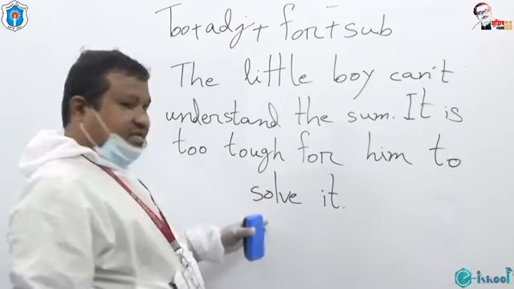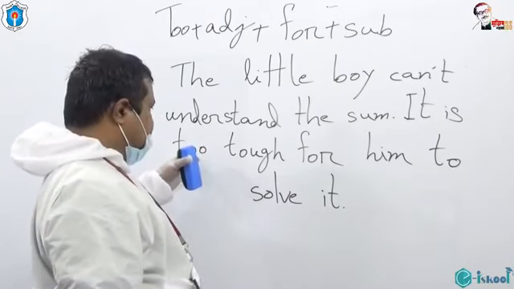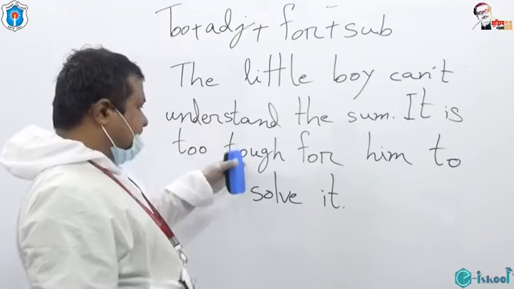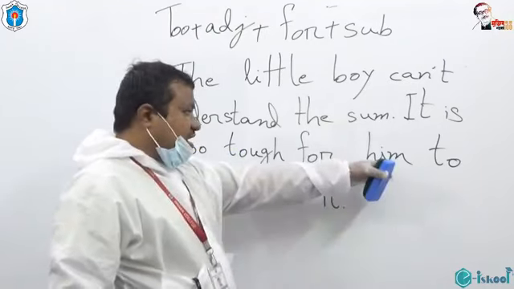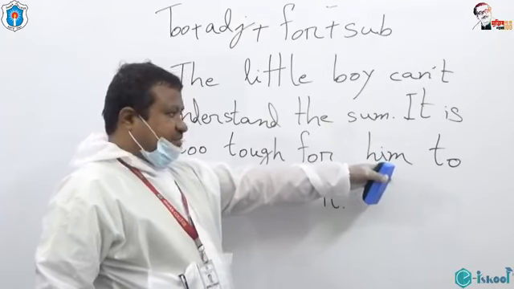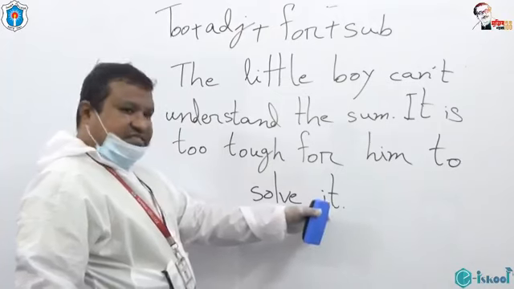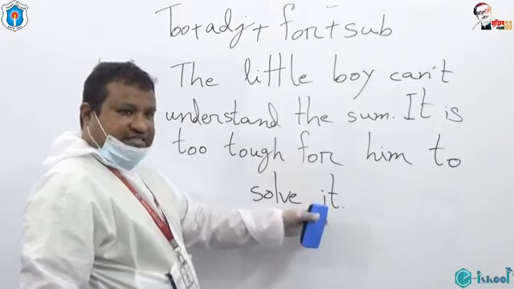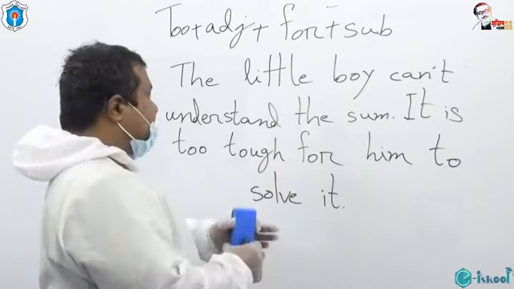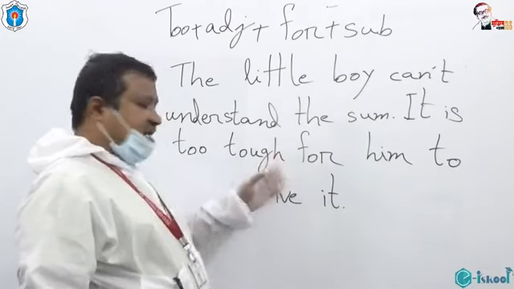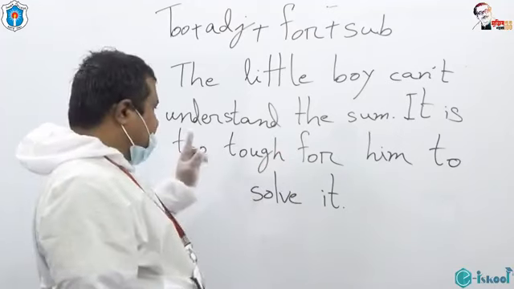That is, the basic structure is when we are writing too plus adjective plus for, then there will be the objective form of the subject, then to plus main verb, plus you can put down the object if necessary, if not then that is not necessary. So this structure differs from the earlier one in which respect?